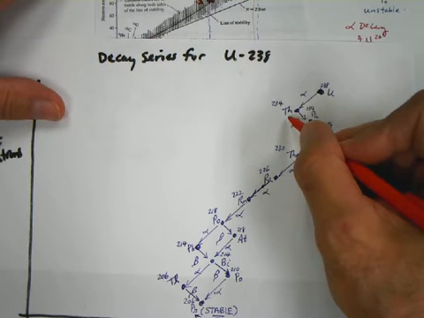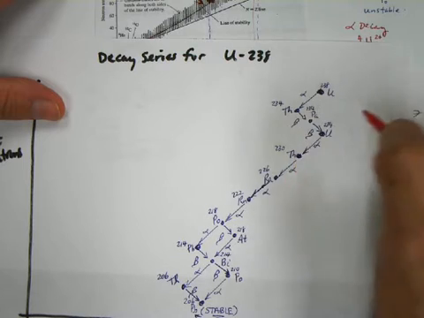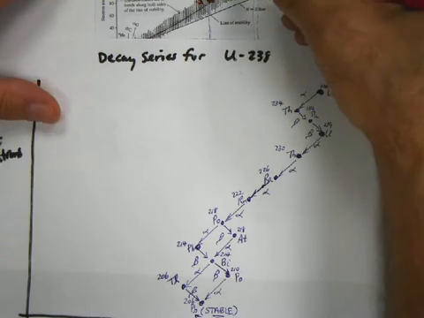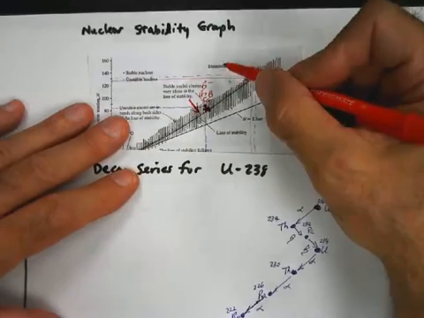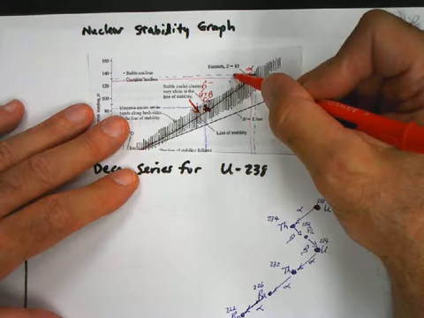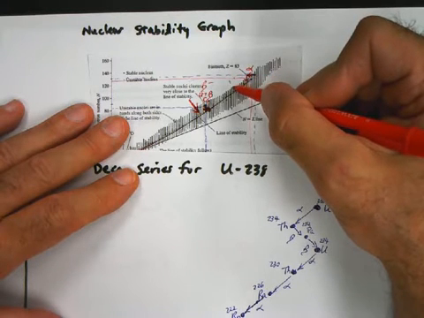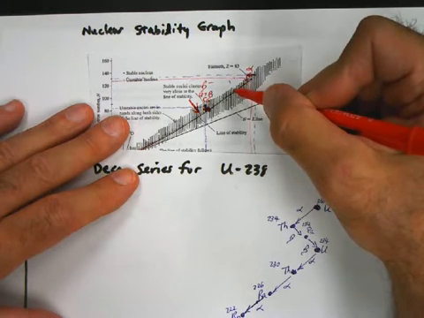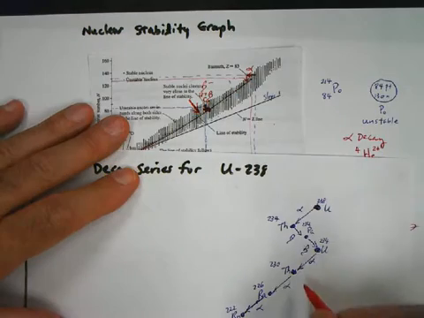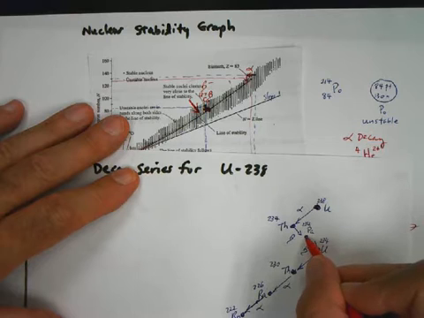Thorium-234, however, would be above the curve here. If we just look at this curve, thorium-234 would be above the curve, and so in order for it to become more stable, it would produce daughter nuclei that would be down lower, and that means that it would result in beta decay. And sure enough, thorium undergoes beta decay to produce protactinium.